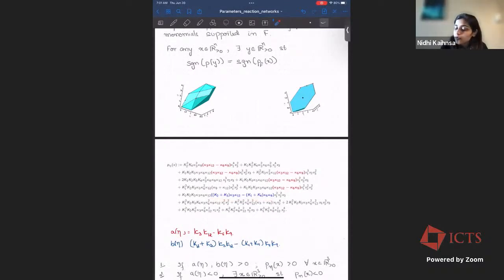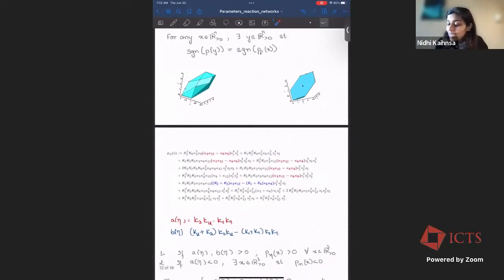Now, if I pick a parameter value such that my A eta and B eta are positive, then all my coefficients are positive, so by definition, this polynomial will never attain a negative value, right? Because we are only evaluating this polynomial on the positive orthant. We are only interested in real positive geometry here.